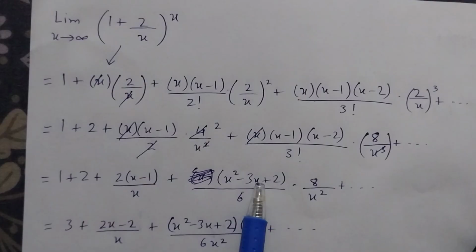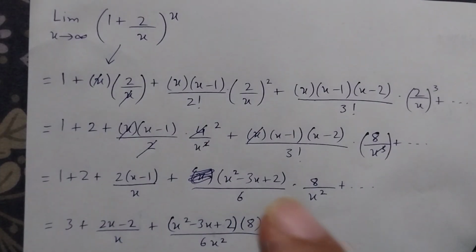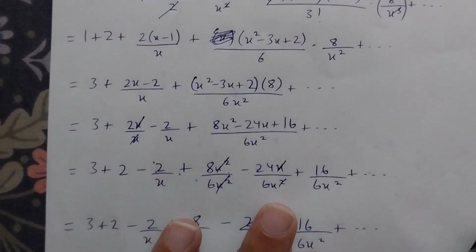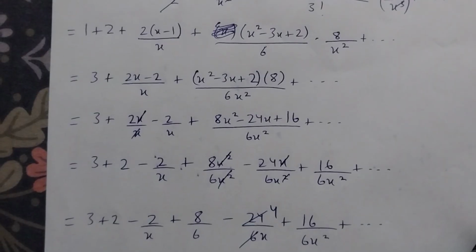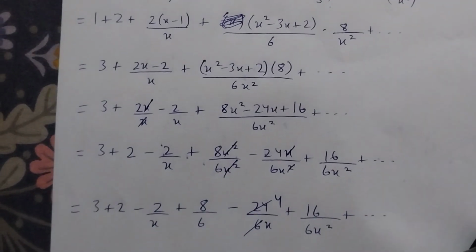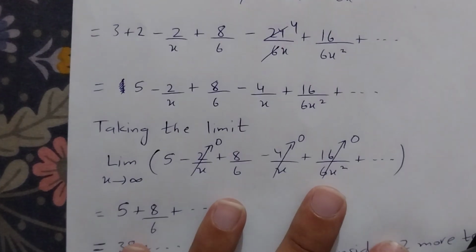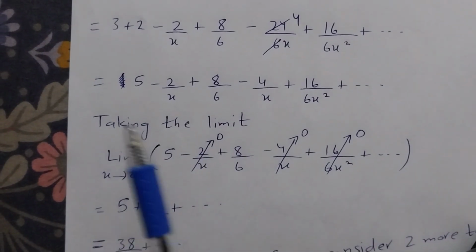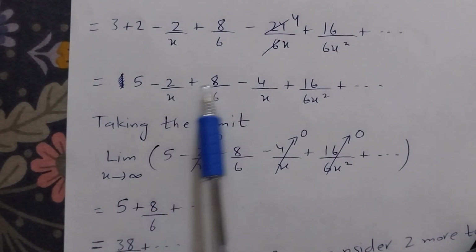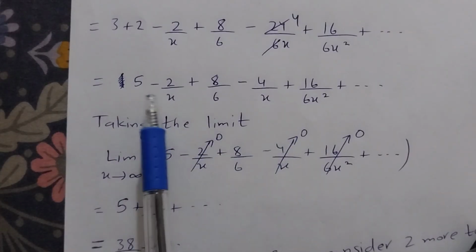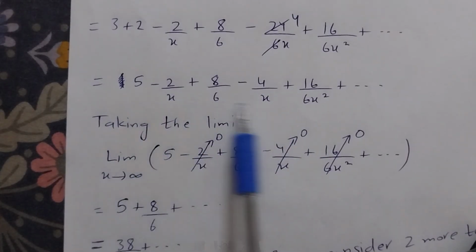Same procedures are done, and when we apply the limit, after simplifying for the first 4 terms, this is what we get.